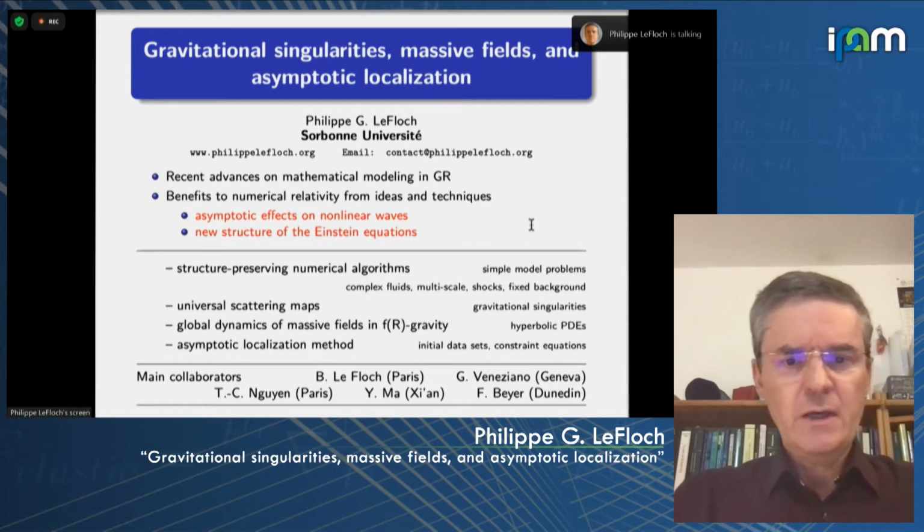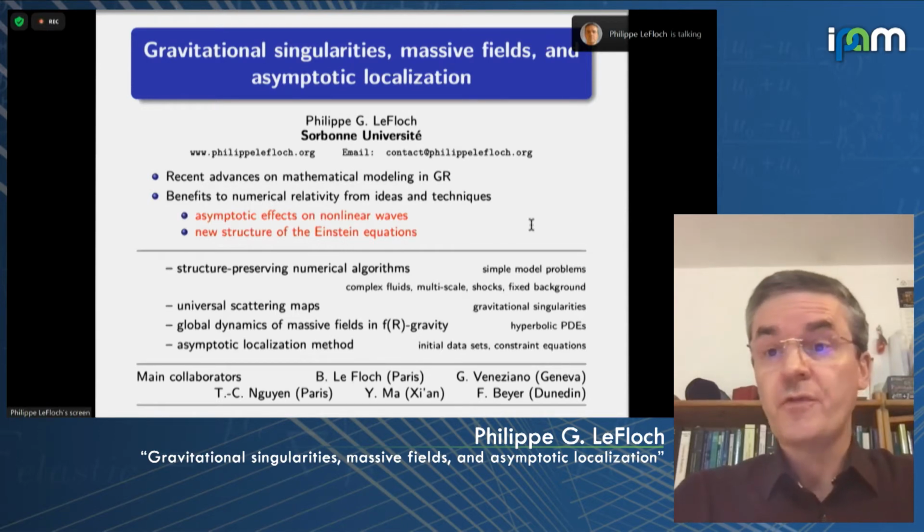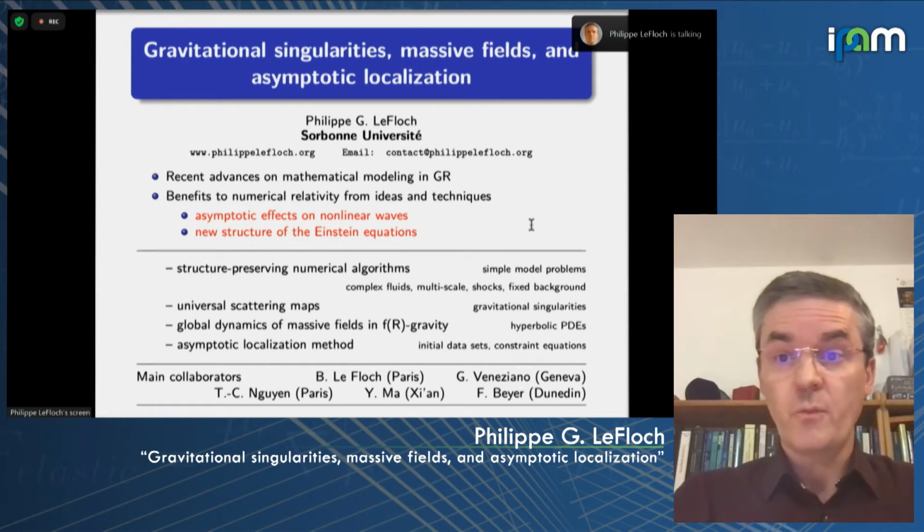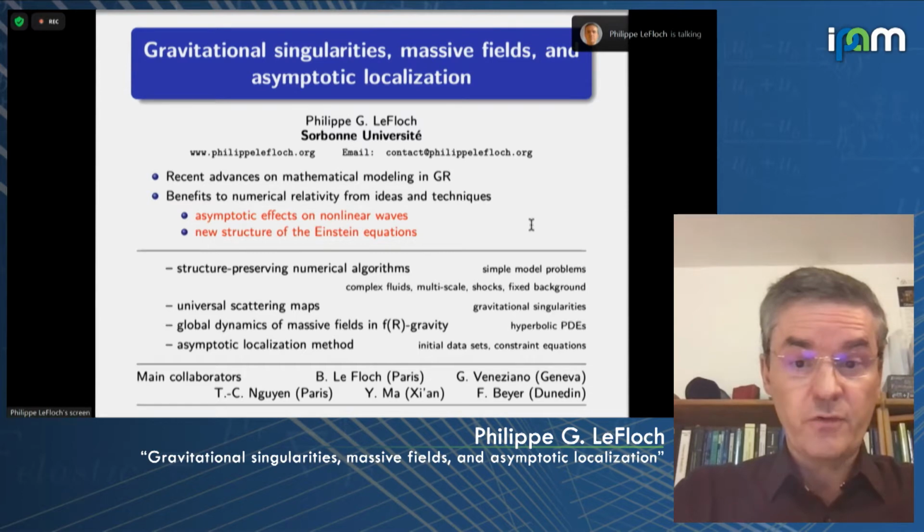But what you want to do is that you want to allow your solution to have very different behaviors in different angular directions. And again, there have been theoretical advances in this direction, and schemes that have been used to prove theorems, which I believe are going to be very useful for general relativity and numerical relativity.